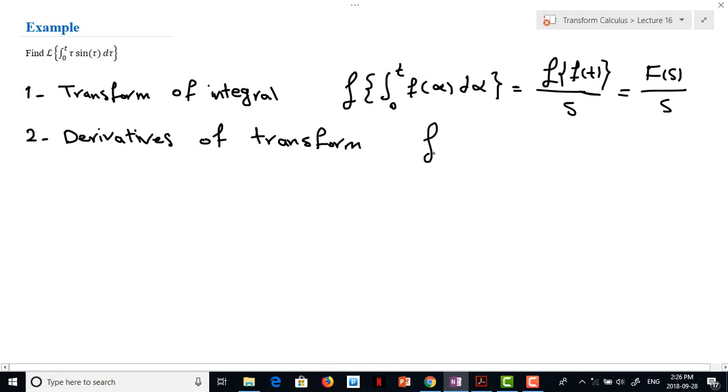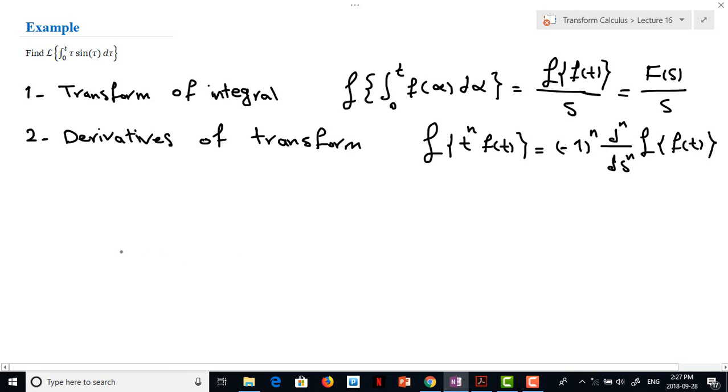We said the Laplace transform of t to the power of n times f(t) is equal to (minus 1) to the power of n, d^n/ds^n of the Laplace transform of f(t). So we have to use these two properties to solve the example. Let's go through the example.